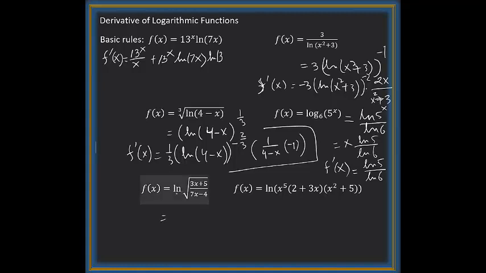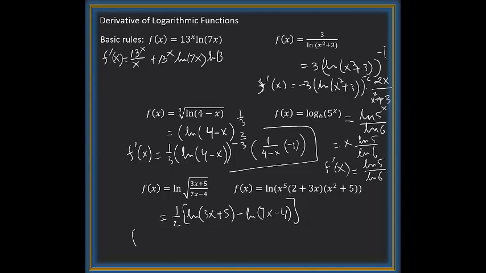Now this example, I can say that this whole expression under the radical sign will have exponent 1/2. So that 1/2 exponent I can bring in front, and the natural log of 3x plus 5 can be written as natural log of 3x plus 5 minus natural log of 7x minus 4. So what I'm using, all properties in here are just from pre-calculus.